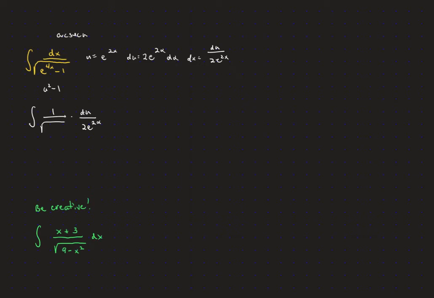We've got a square root of u squared minus 1. Now, when you look at that, you can see that our u is right there. So we can actually pull that 2 in the denominator all the way outside the integral as a 1/2.